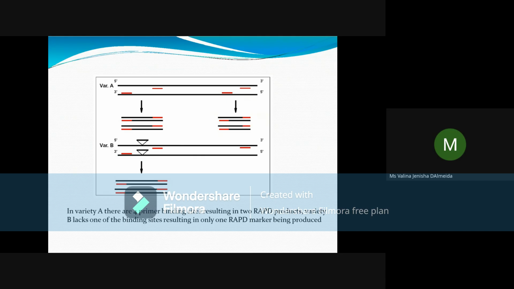Sorry, 3 prime is a forward and 5 prime is a backward. In the same way, at another spot in the variety, 3 prime is a forward and 5 prime is a backward. So at two places both the forward and backward primers are able to bind. In the second scenario, only at one place are the forward and backward primers able to bind. At the other place, it is not able to bind.